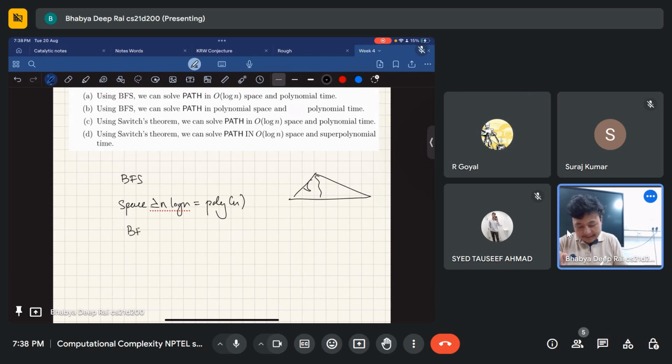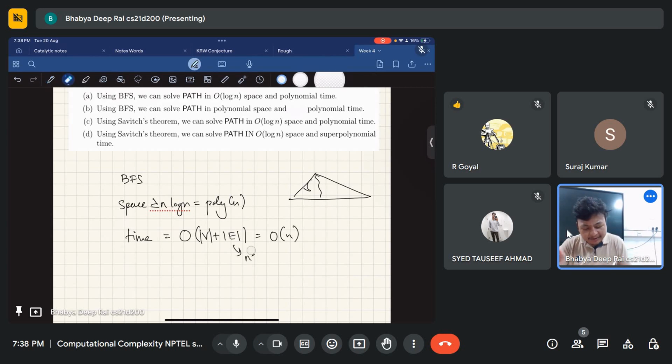Time taken is around order V plus E, which is linear to the size of the input. No, not linear. The edges, there could be n square edges in between. So n square or something like that, still polynomial. Time it takes is at least polynomial.